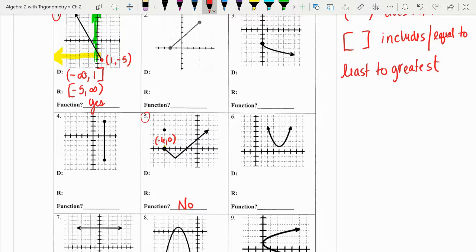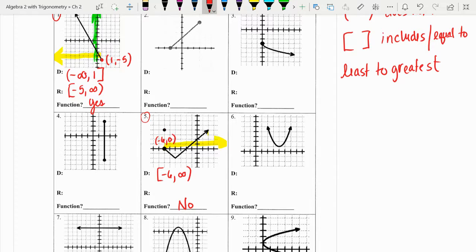All right, so my domain with my highlighter is going to go from there to infinity because that ray is going on forever. So my domain, remember, I go from least to greatest, is equal to -6 and then go forever to infinity.